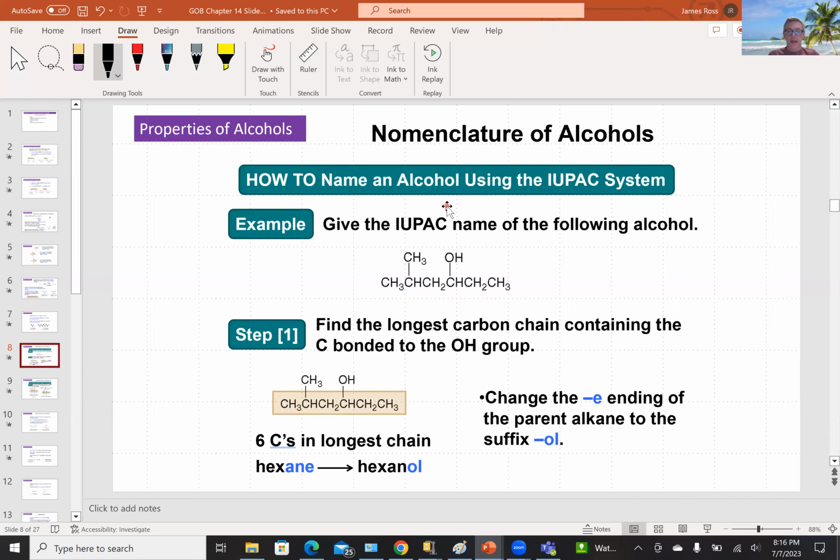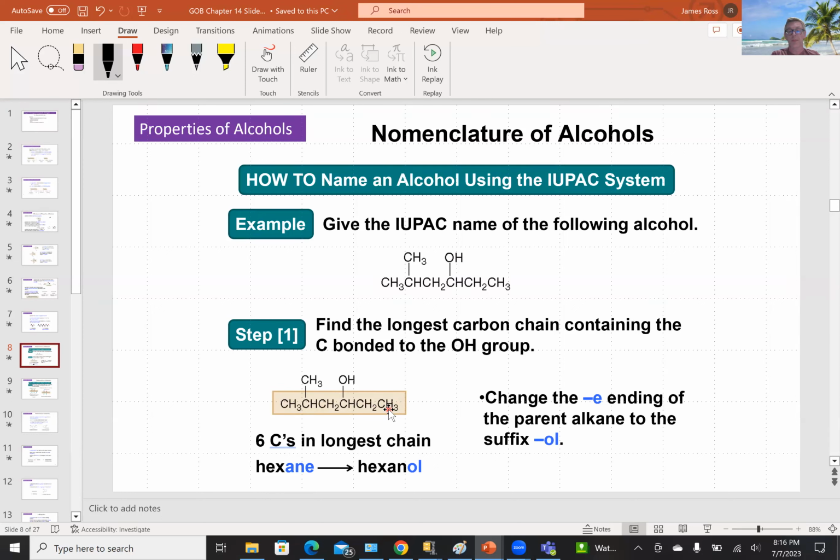Okay, let's look at alcohol nomenclature. Similar to alkanes, we want to identify the longest continuous carbon chain. Looking at this test molecule, they've identified the longest continuous carbon chain in tan, and we can see that it has 6 carbons in total.